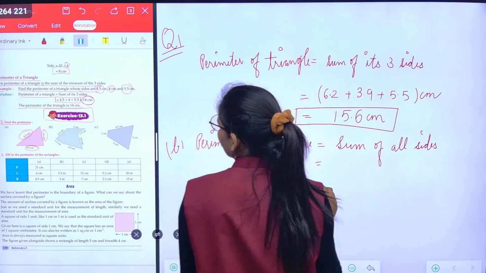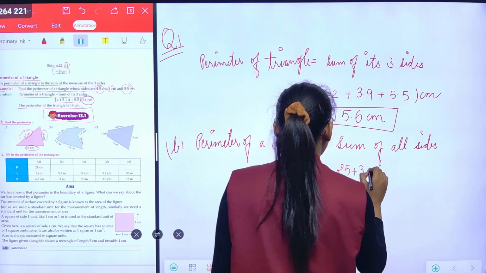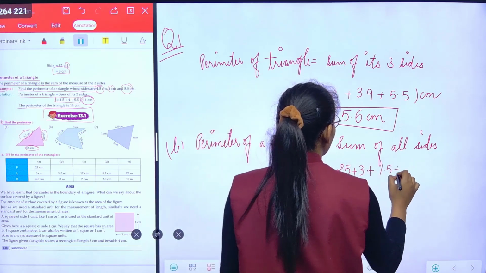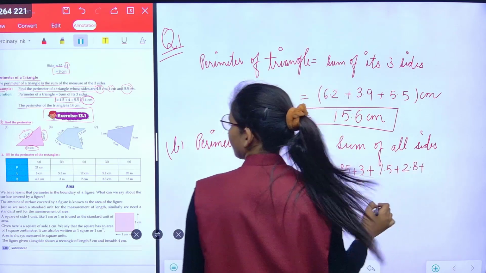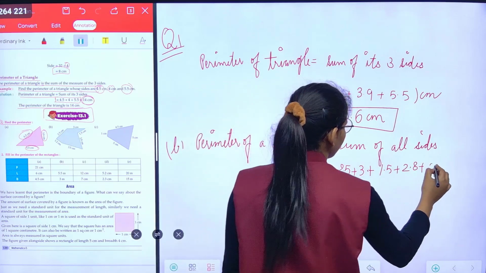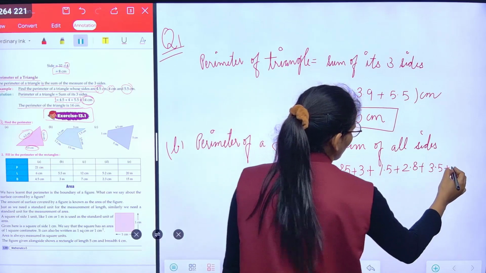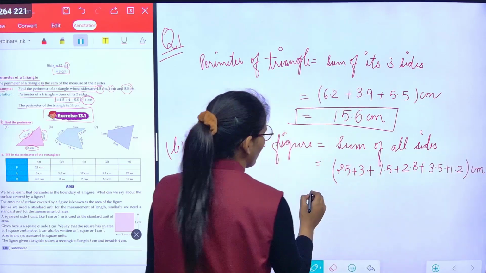See, class. 2.5 plus 3 plus 1.5 plus 2.8 plus 3.5 plus 1.2 is centimeter. Now class, add them.